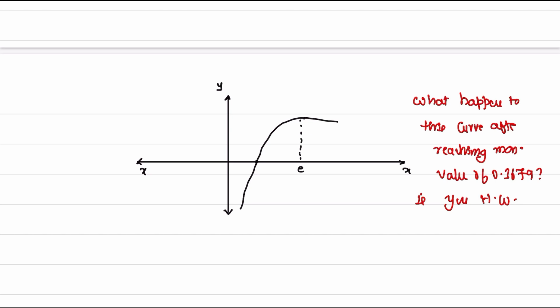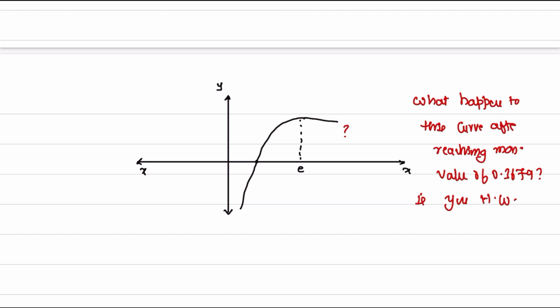What happens to it after achieving the maximum is also of study interest, because MCQs in IIT JEE or in Mathematics Olympiad can be asked from this: the shape of the ln x by x curve, the behavior of the curve, the maximum value of ln x by x, and what happens to the value beyond the maximum, what will be its shape.